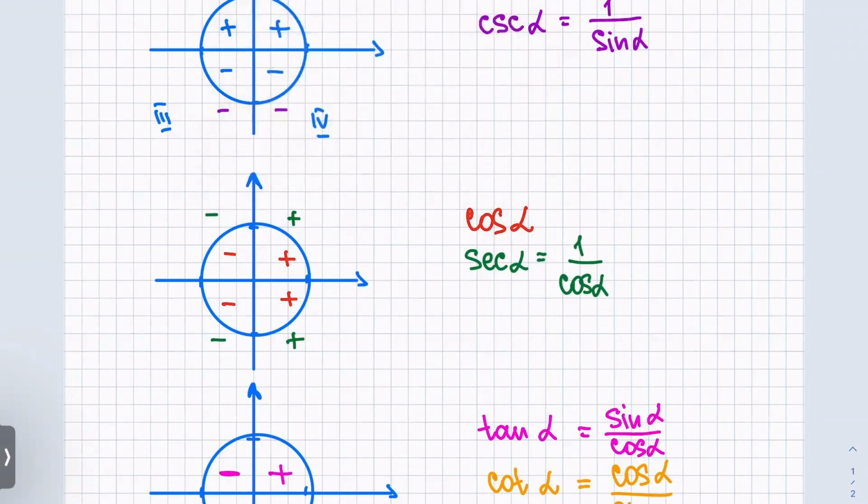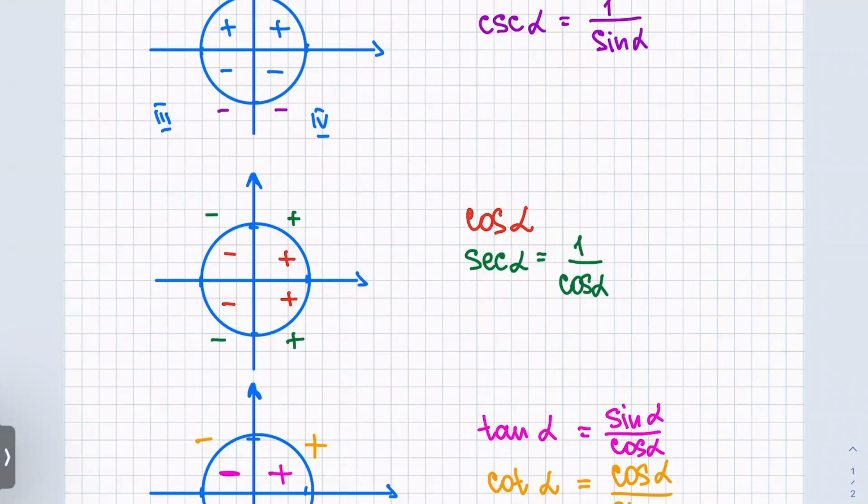Same as with tangent. Cotangent is cosine over sine. So let's see, what was the cosine in the first quadrant? Positive. The sine was positive too. So that will get value positive. And then here it will be negative. And then for the third quadrant, it was positive, so it will stay positive.